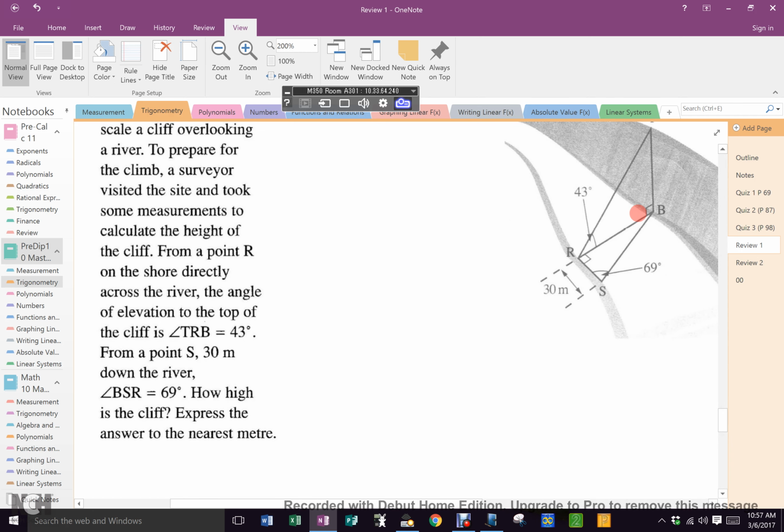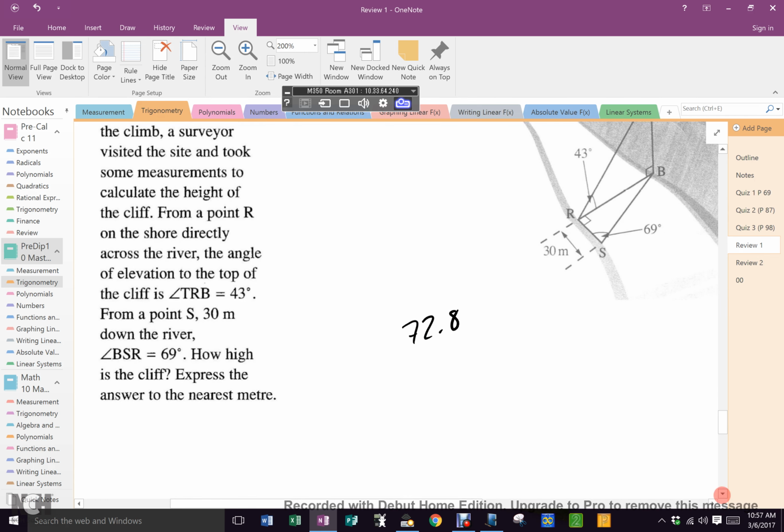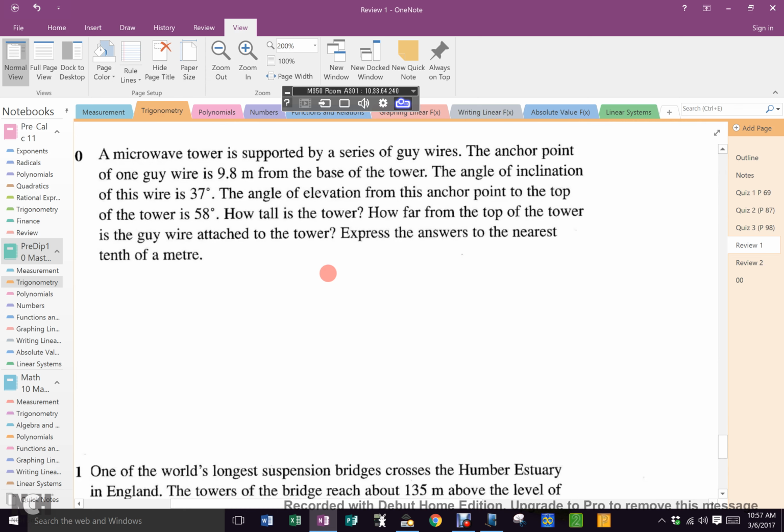Climbing the cliff. How tall is the cliff? 72.8. 72.8 is correct. The tower. It's this. 9.8 from the base. 9.8, 37.